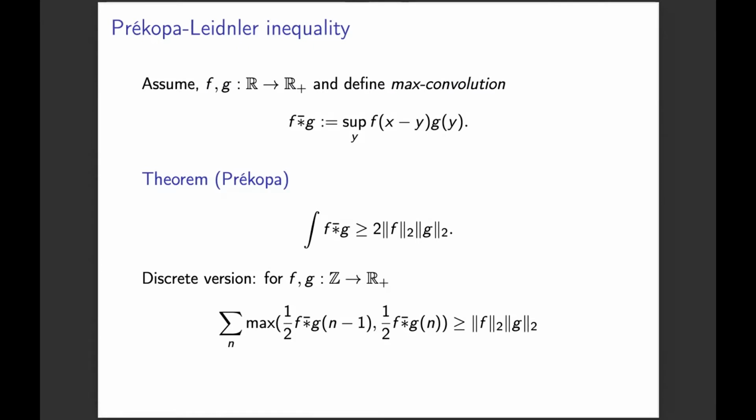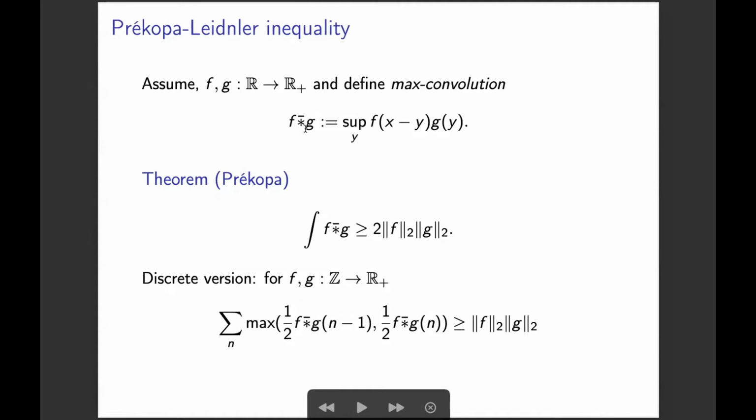Then let's give a bit more context on why it is called the discrete Prékopa inequality. First of all, one can define what is called max convolution for two functions. It is similar to the standard notion of convolution, but instead of taking the L1 norm, which is the integral over all y, we take the L-infinity norm, so that you take the supremum over all possible products such that the arguments sum up to x.